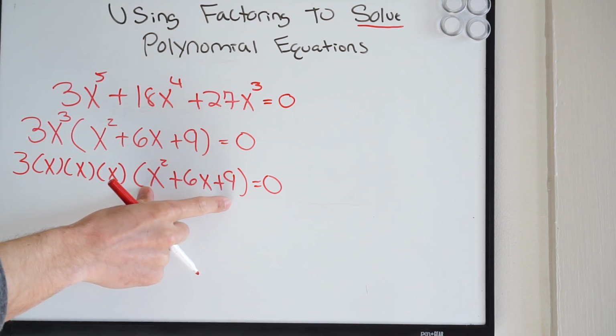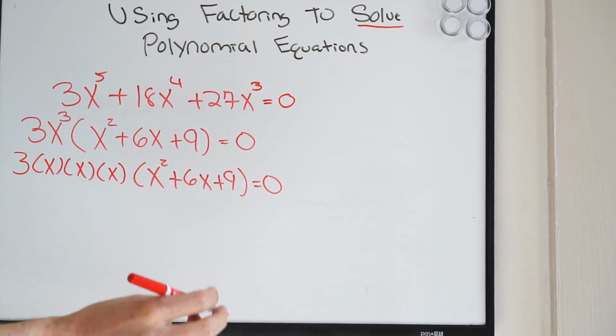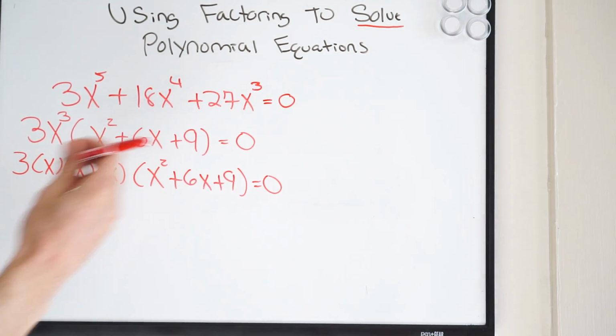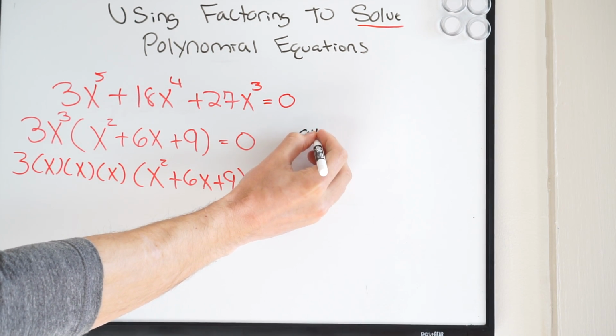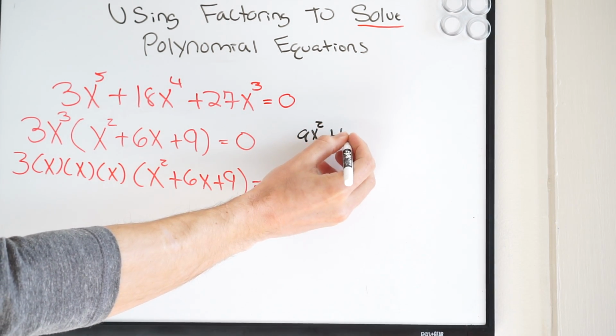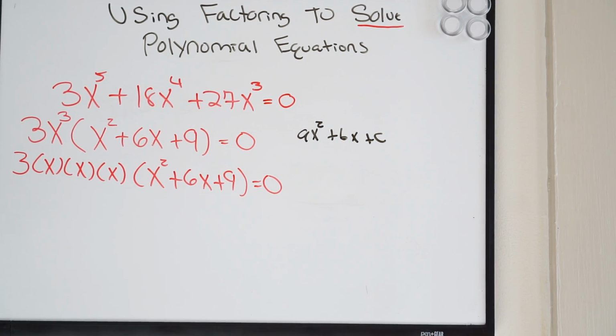We can factor this using the AC method. This is a quadratic. Remember, the equation of a quadratic is going to be ax squared plus bx plus c. If we're given a quadratic, we can use the AC method for factoring. Again, that's a times c.